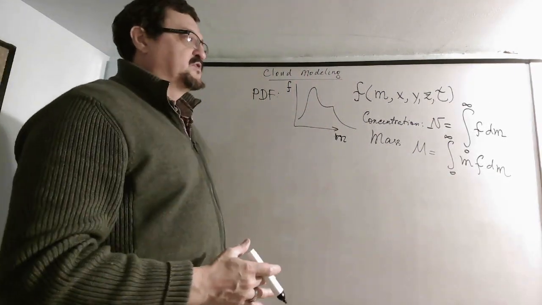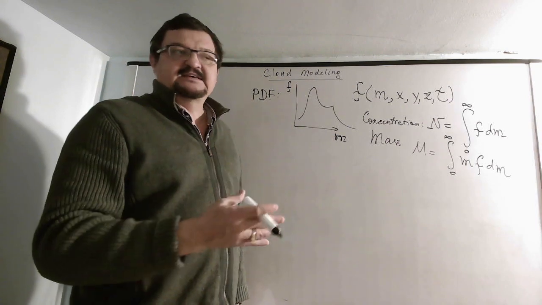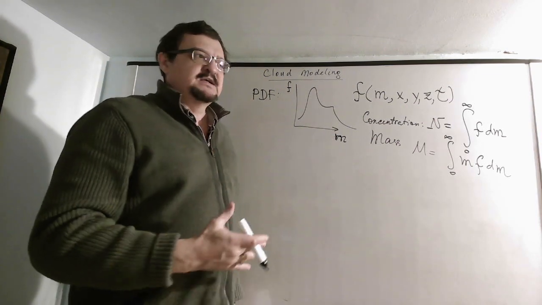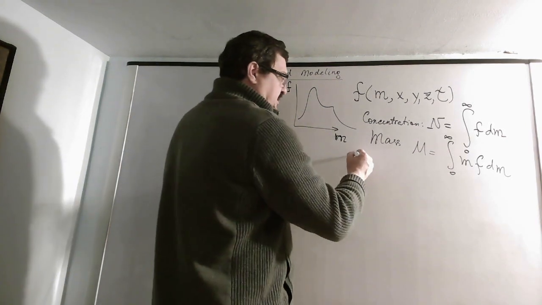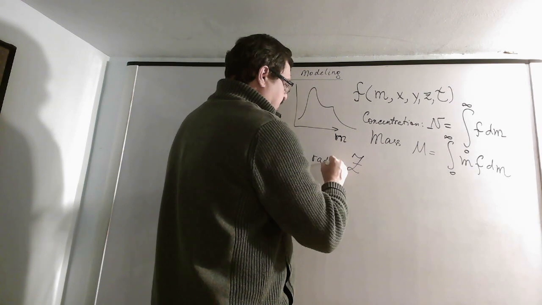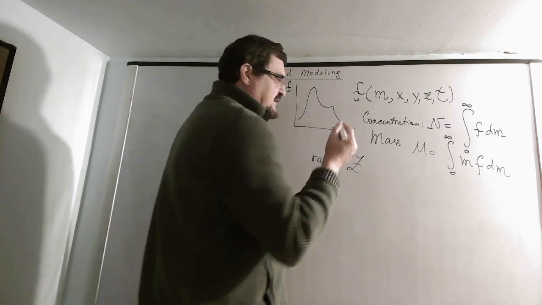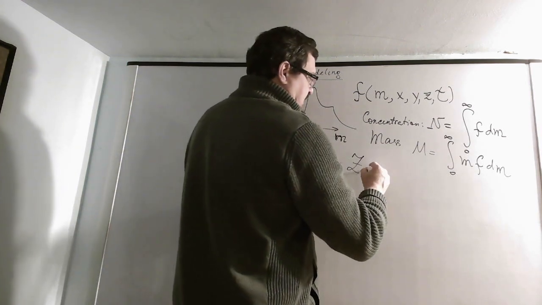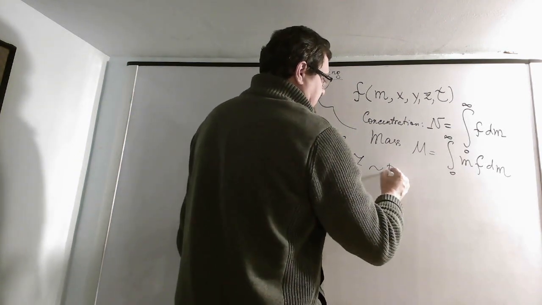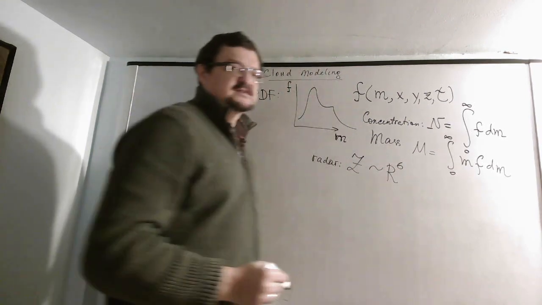Then you can compute, for example, radar reflectivity, so how well a cloud reflects a radar signal. Radar reflectivity Z usually depends on the size of particles to the power of 6.